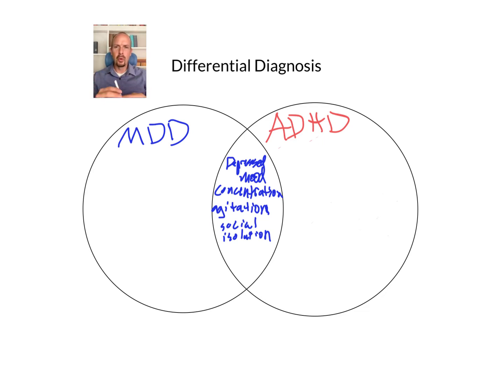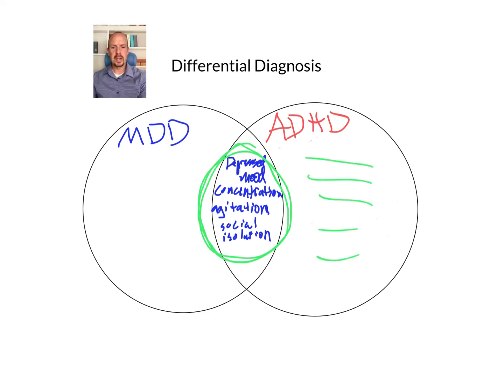Again, it's a little more nuanced, because there are differential diagnoses descriptions that say these symptoms right here in the middle might be in common with one another. However, they might also have enough symptoms of ADHD and enough distinct symptoms of major depression that they are their own unique diagnoses and can be given to the same individual.